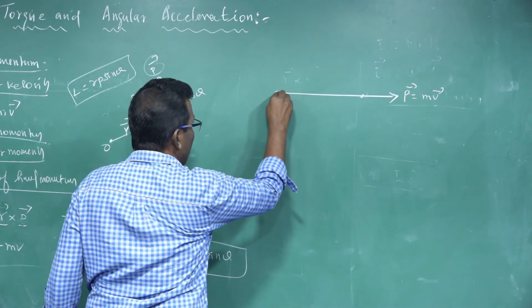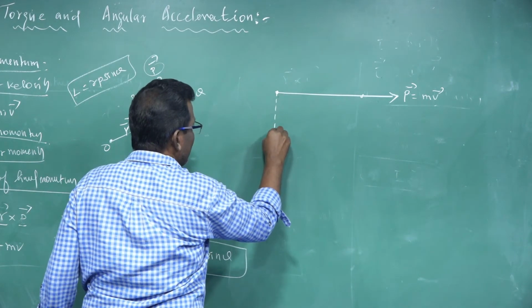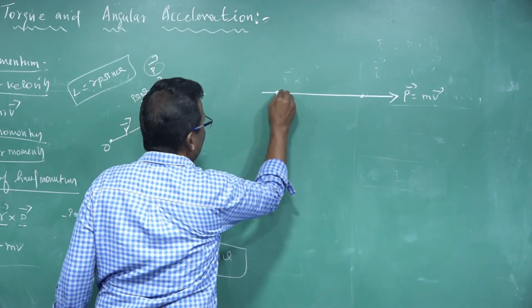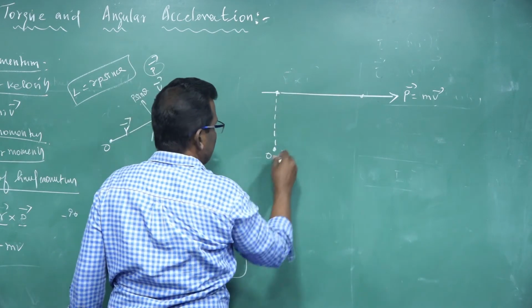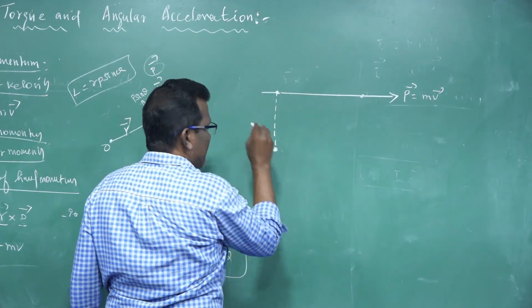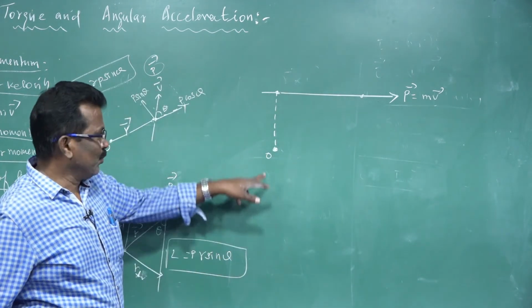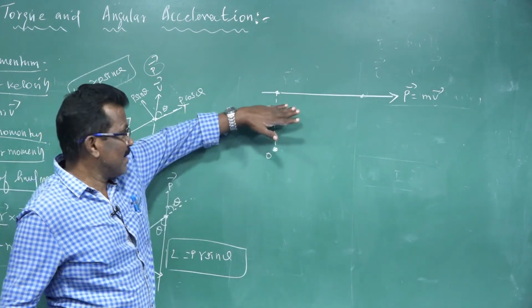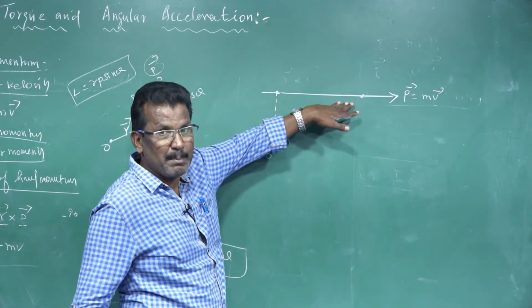This is O. Choose or fix a point which is perpendicular to the straight line path.